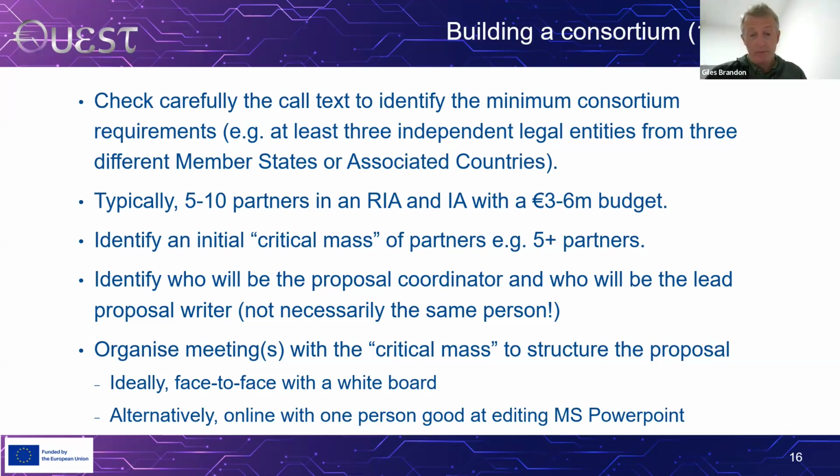You need to identify who's going to be the proposal coordinator and who will be the lead proposal writer. Usually they're one and the same person, but not always. A classic situation would be an innovation action where perhaps you feel it's best that the coordinator is a company, that somehow this will help to convey that there's serious commercial interest in this project and that the commercial partners are leading this activity.